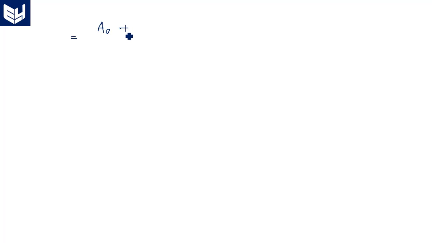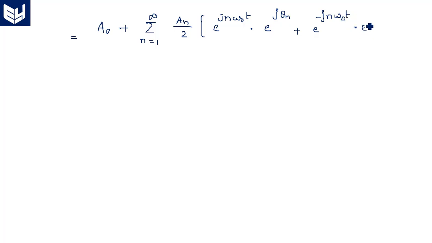So that is equal to A naught plus summation n equal to 1 to infinity A n by 2 times, e power j n omega naught t into e power j theta n plus e power minus j n omega naught t into e power minus j theta n.